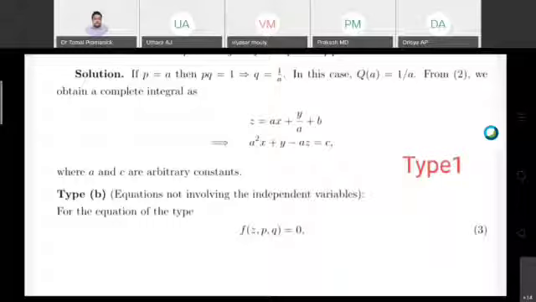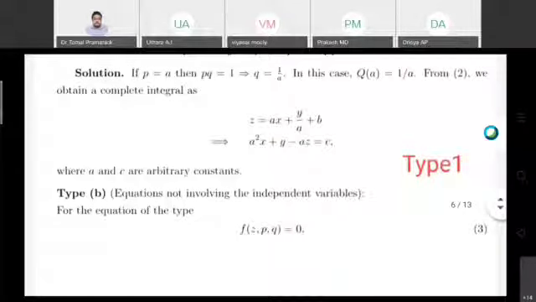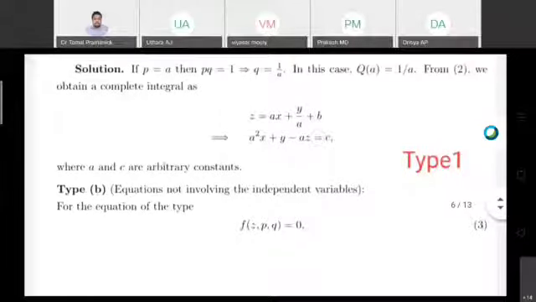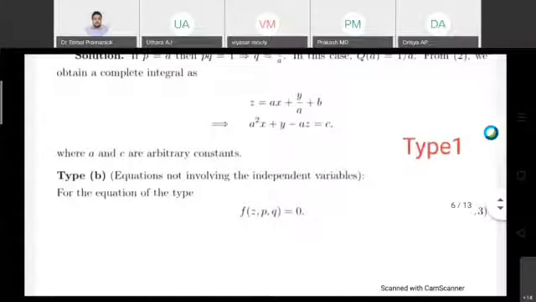So after putting these values, dz equals a dx plus 1 by a dy. After integrating, you will get z equal to ax plus y by a plus some constant, which is b. So after calculating this, we get this. There are two constants here: one is a, another is b.